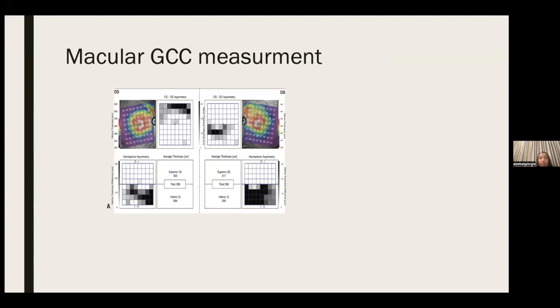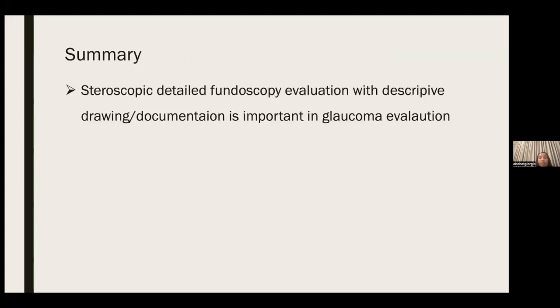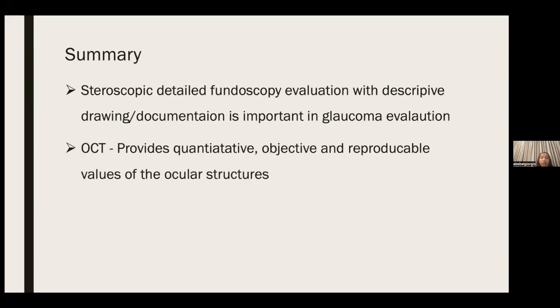This is the map. So in summary, stereoscopic detailed fundoscopic evaluation with descriptive drawing documentation is important in glaucoma evaluation clinically, and OCT provides quantitative, objective, and reproducible values of the ocular structures.